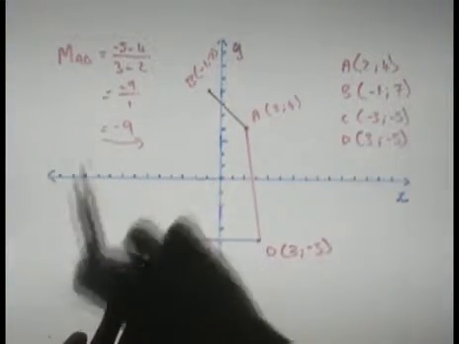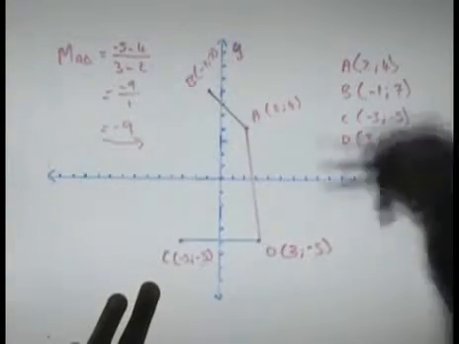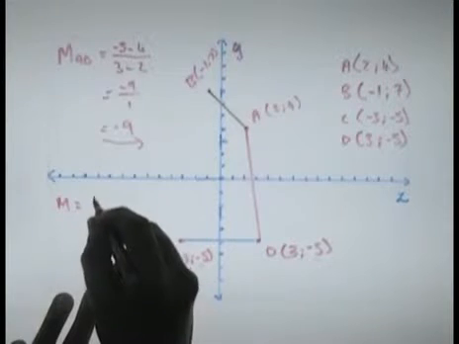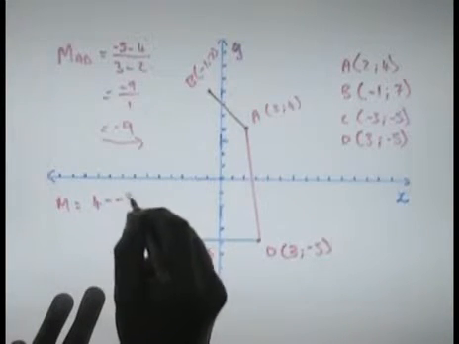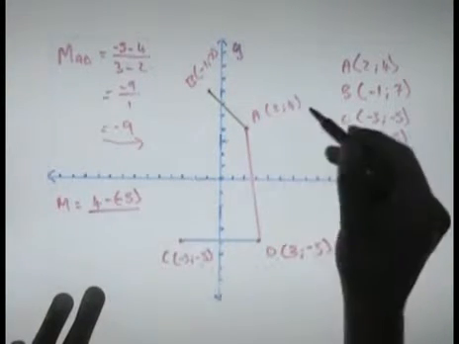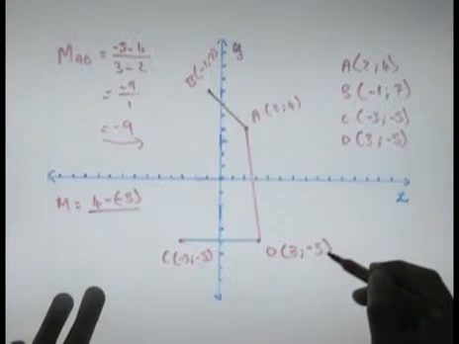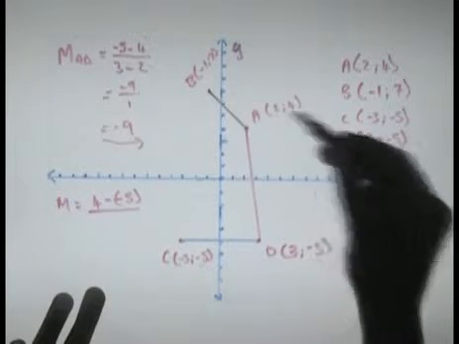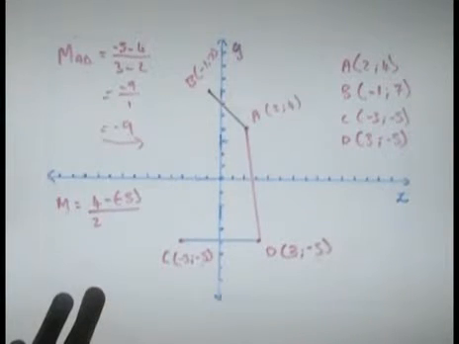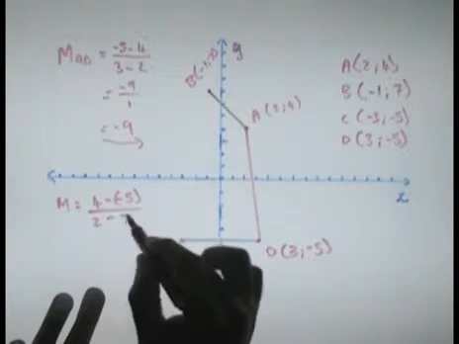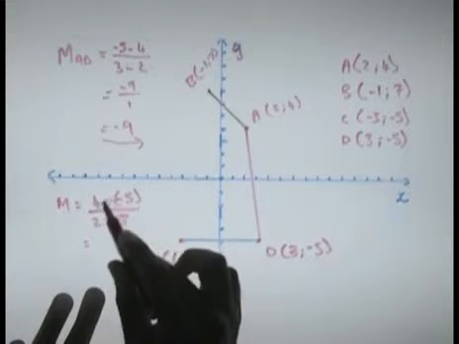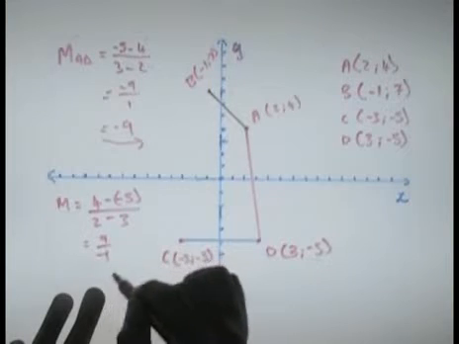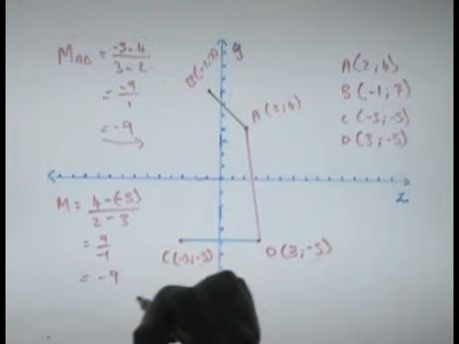What I mean by that is, instead of saying minus 5 minus 4, I could have also said 4 minus minus 5, y2 minus y1. But if I chose that as being y2, that has to be x2 minus x1, which will give me an answer of 4 minus minus 5 is positive 9, over 2 minus 3 is minus 1, which is still negative 9.